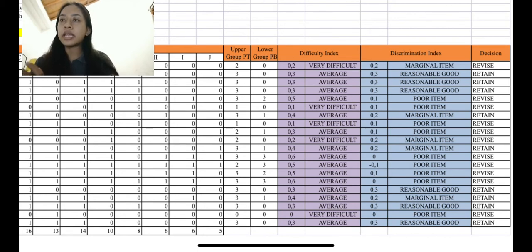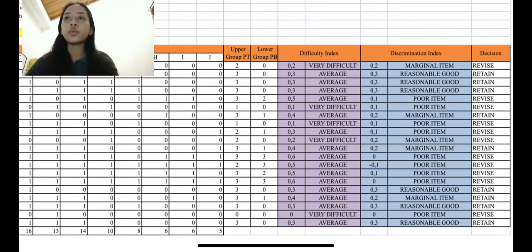The difficulty index can be mentioned 0.2 because of the result from the upper group, which is based on the first three students, A, B, C, that can answer test number 1. Only 2 students can answer it correctly.